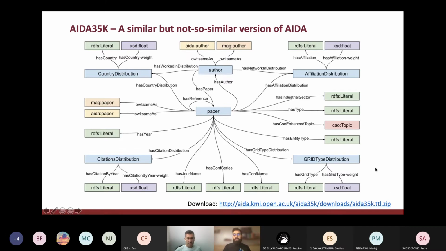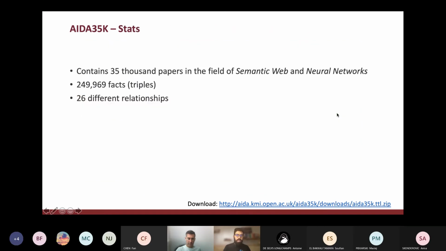This is just a graphical representation of the schema, but let's get into the actual relationships and the actual entities. So again, there are papers and authors, and then there are other things like the CSO topics, the industrial sectors, and so on. But anyway, let me dive in. What does this dataset include?